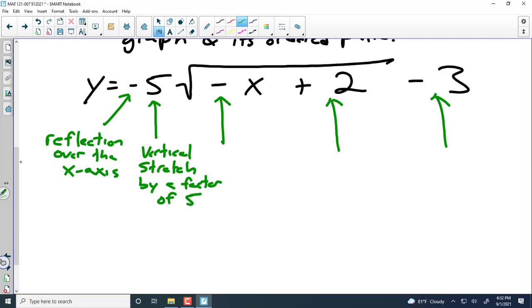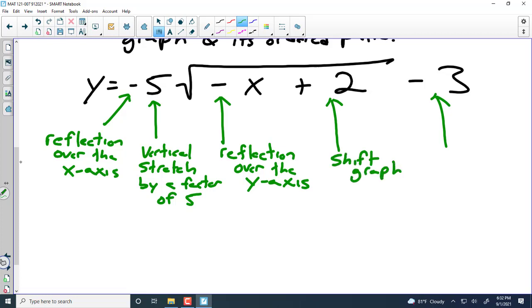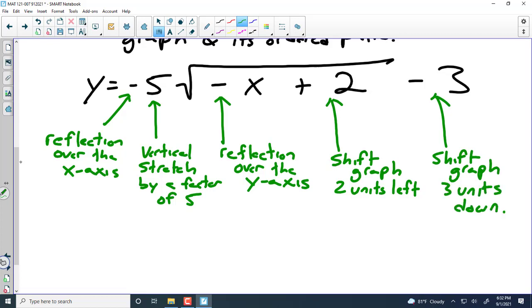This minus sign right here causes a reflection over the y-axis. This plus 2 is going to shift the graph 2 units left. And the minus 3 on the outside is going to shift the graph 3 units down.